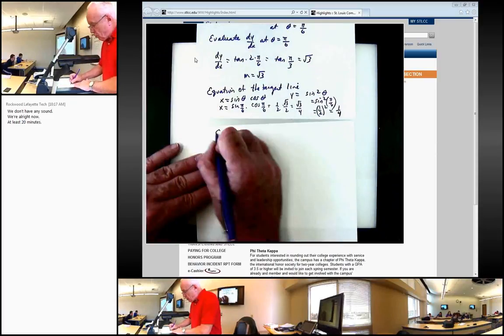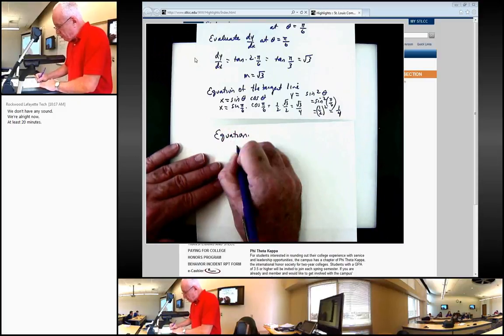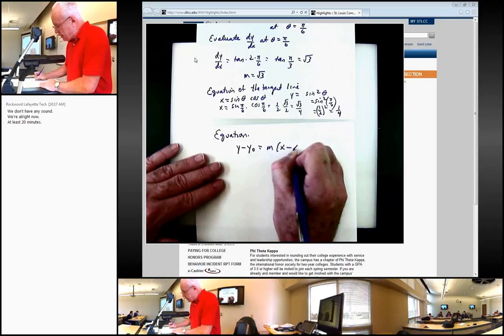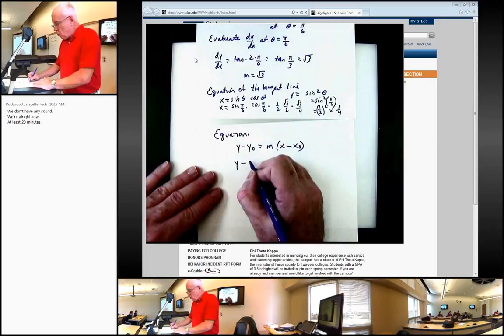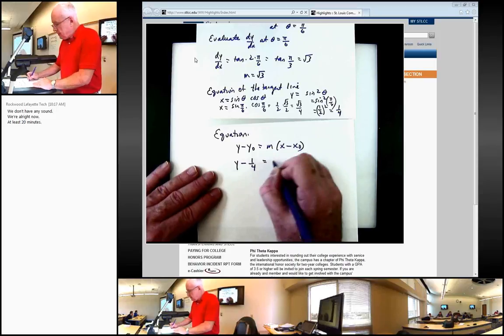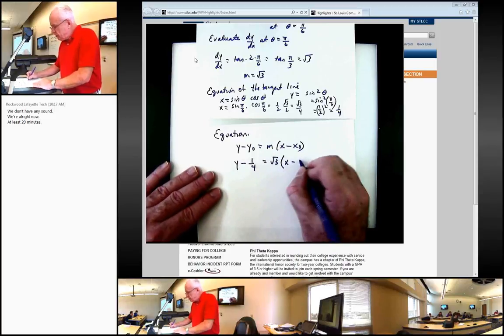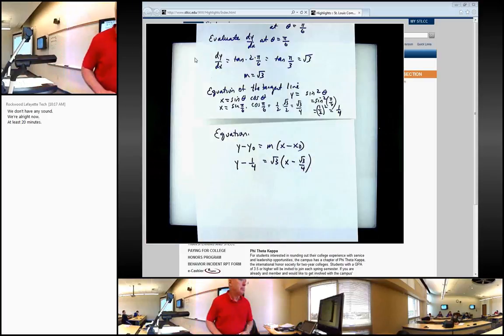So therefore our equation would be, we just use the point slope formula, y minus y naught equals m times x minus x naught. And we would get y minus 1/4 is equal to the square root of 3 times x minus the square root of 3 over 4. All right? Okay.